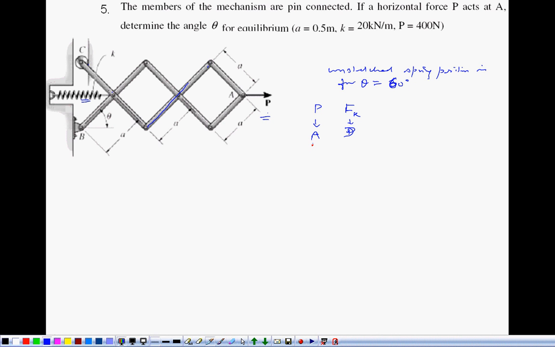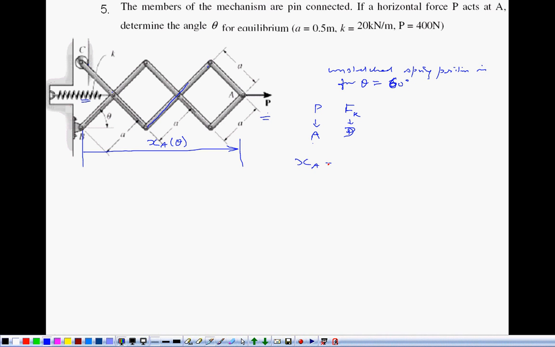So which means I need to find out, with respect to a reference like this, what would be this distance in terms of theta. So I'm just going to call it XA in terms of theta. That's simple in this particular case.